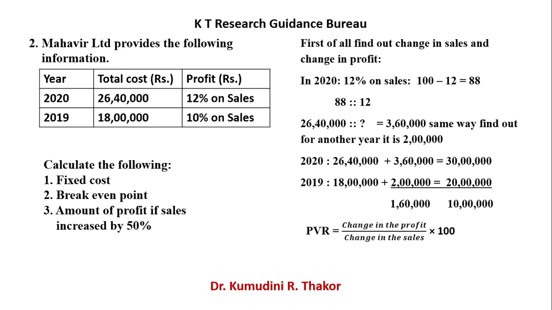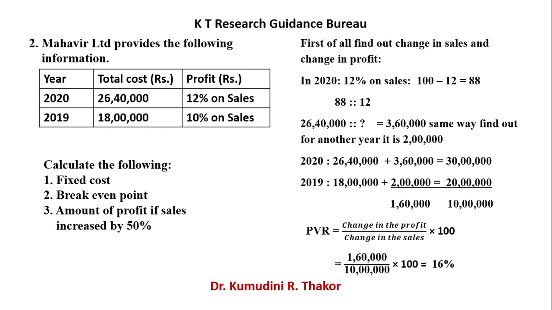Put into formula. PV ratio is equal to change in profit by change in sales into 100. You already find out change in sales. It is 1,60,000, and change in profit is 1,60,000, and change in sales it is 10 lakhs.